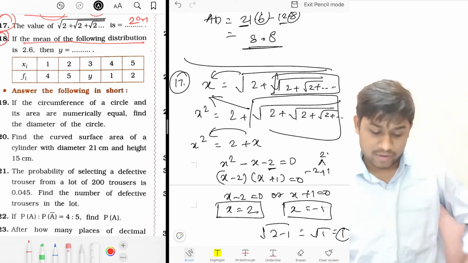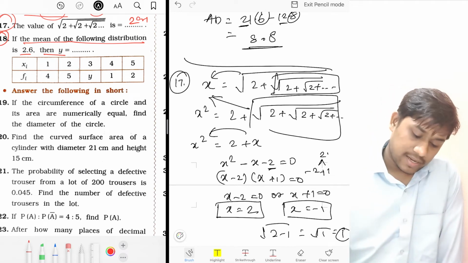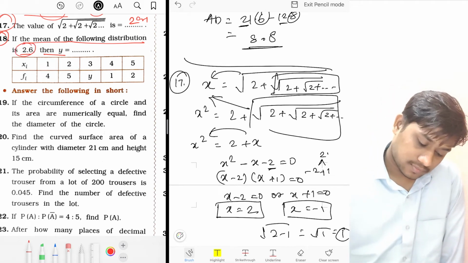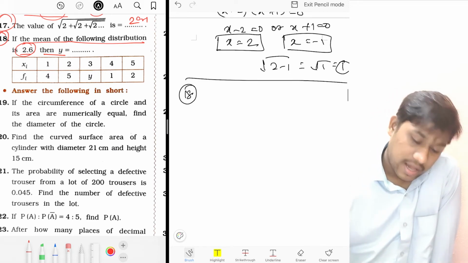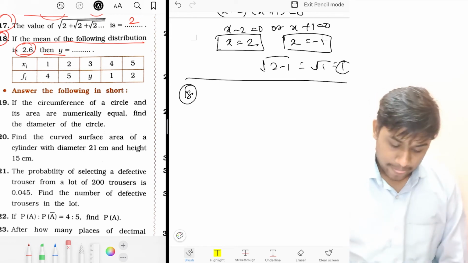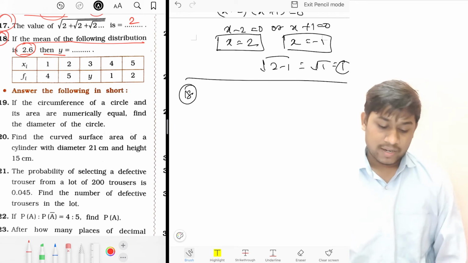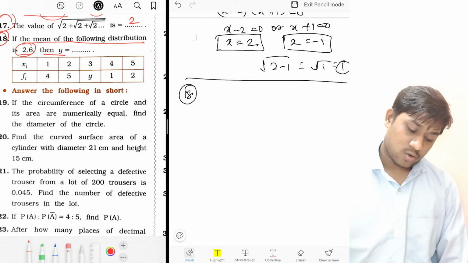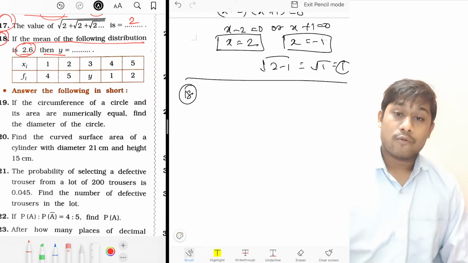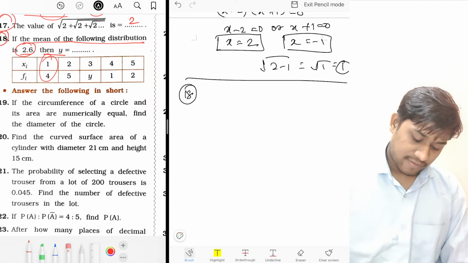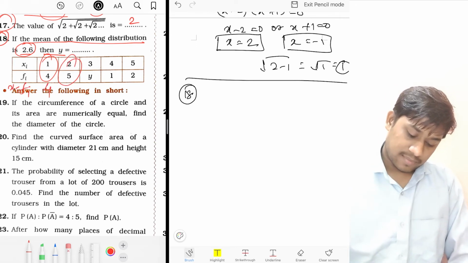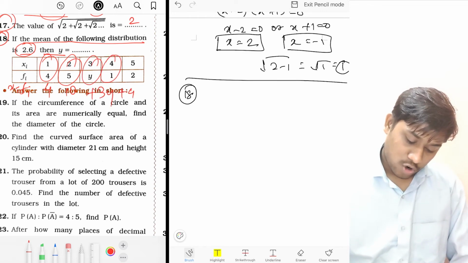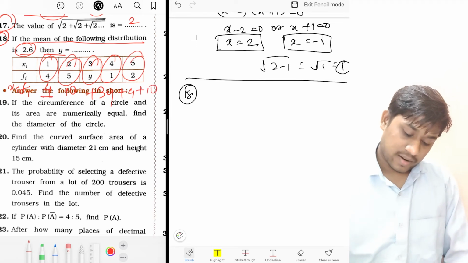Now question number 18: if the mean of the following distribution is 2.6, then we need to find y. If this is the mean, how can you find it? But remember, here the answer is 2. So we are going to mention it is 2 as it is. Now the mean of the following distribution is given as 2.6, so we find xi fi: 1 4 is 4, 2 5 is 10, this one will become 3y, this one will become 4, and this one will become 10.